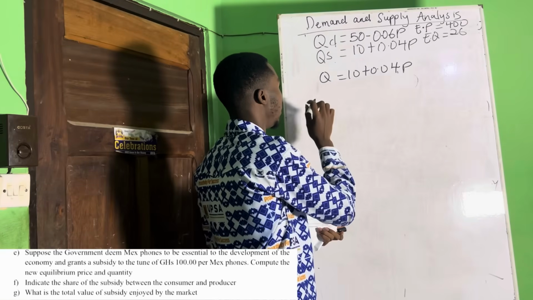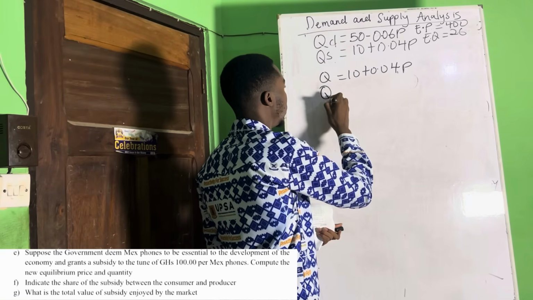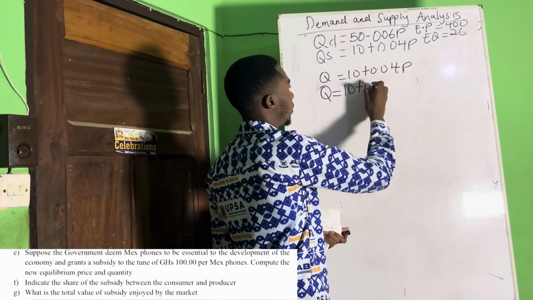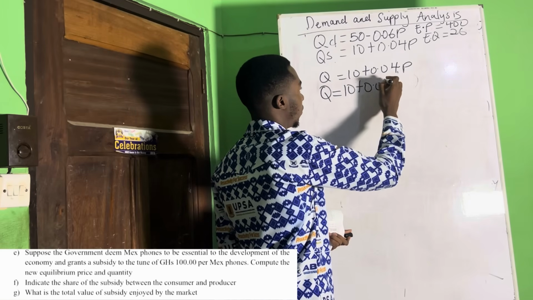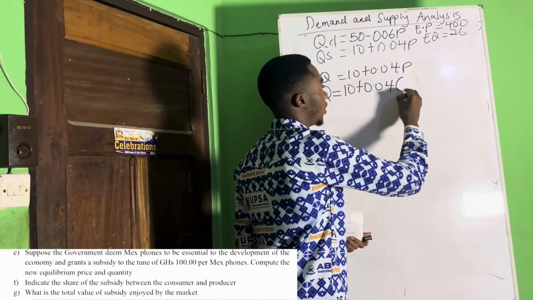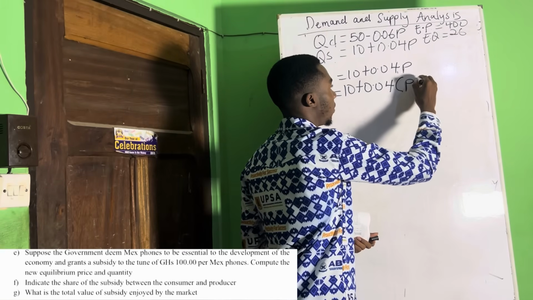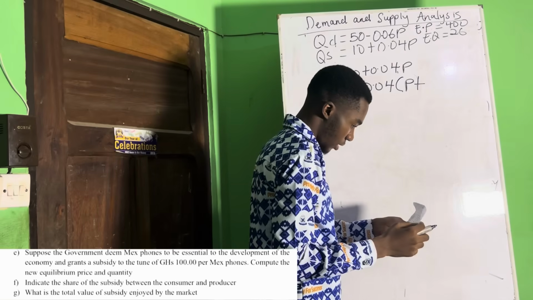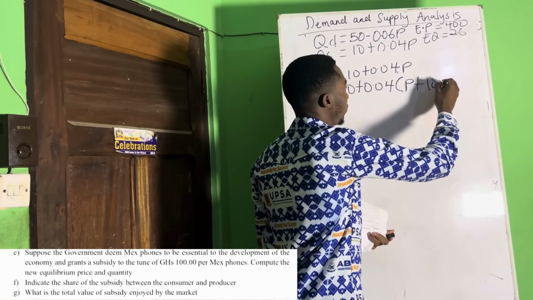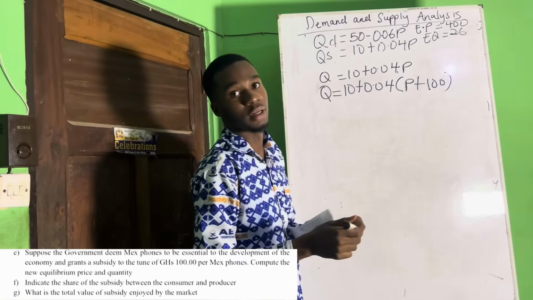So now this is how you write it. It's going to be Q is equal to 10 plus 0.04. Then where the P is, you open a bracket, then it becomes P plus the subsidy, which is 100. So this is what it becomes.